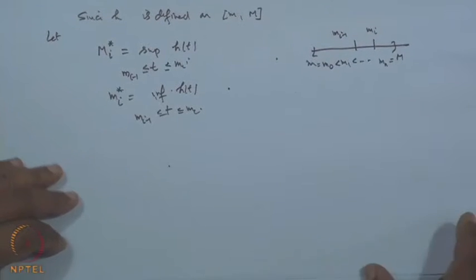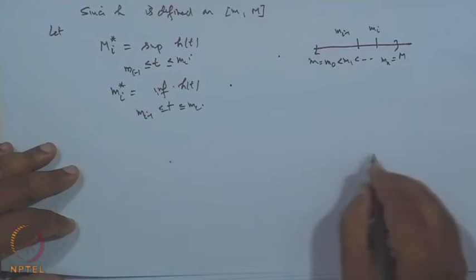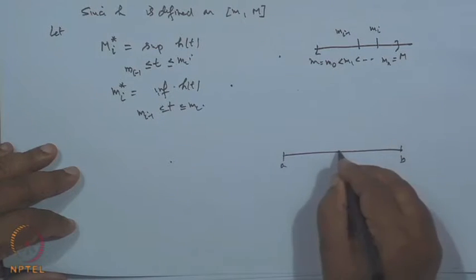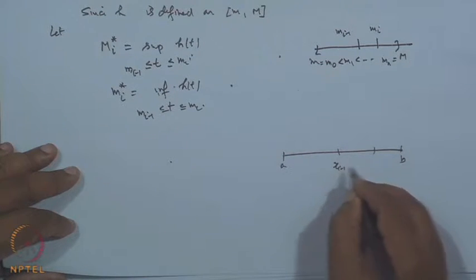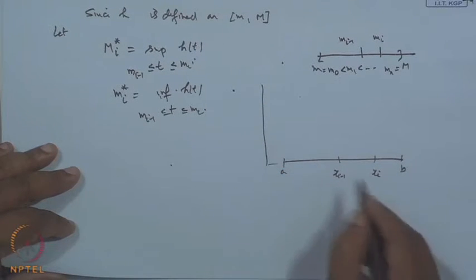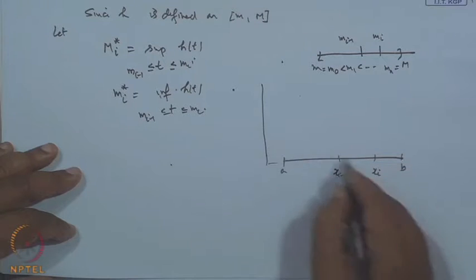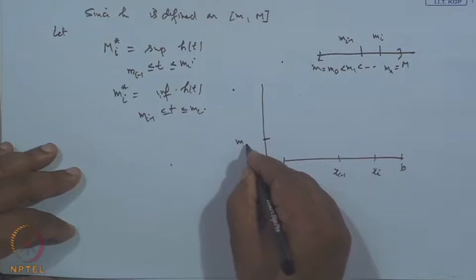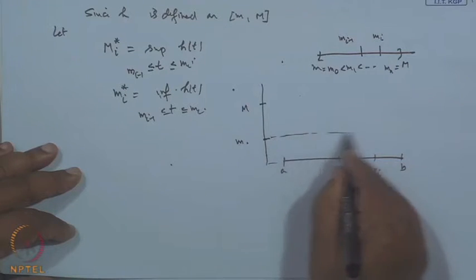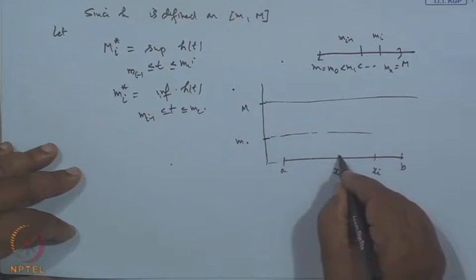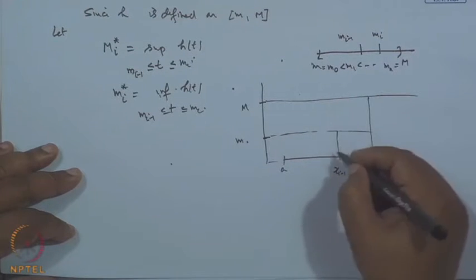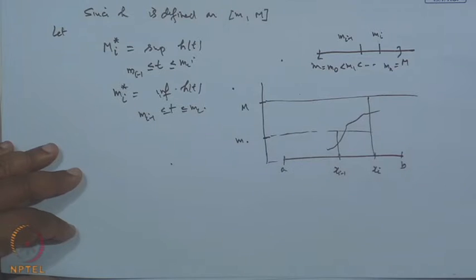Now, this is our interval [a, b]. Here I am taking one sub-interval, x_{i-1} to x_i, and here are its images, with m and capital M. So basically all the function values will be somewhere here, clear.